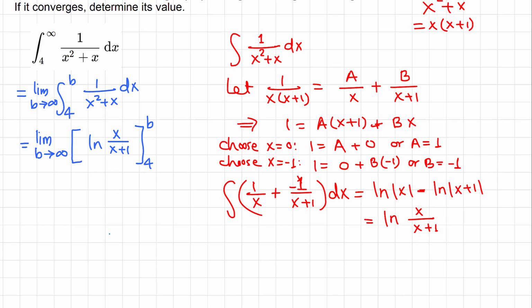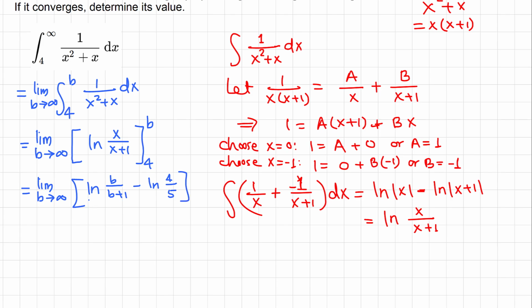We can write parentheses if you like. Now let's evaluate this function at the upper limit, and then minus the lower limit, from the fundamental theorem of calculus. Replace x by b: natural log of b over b plus 1, minus, replace x by 4: natural log of 4 over 4 plus 1, which is 5.